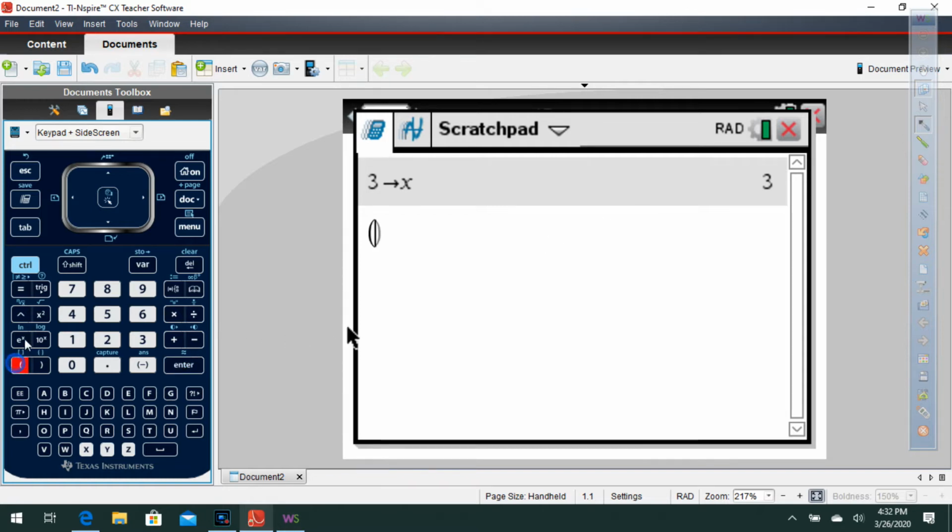So we're going to go open parentheses, x plus 5, close parentheses, times x plus 1, close parentheses, times x, enter, and that gives you 96.